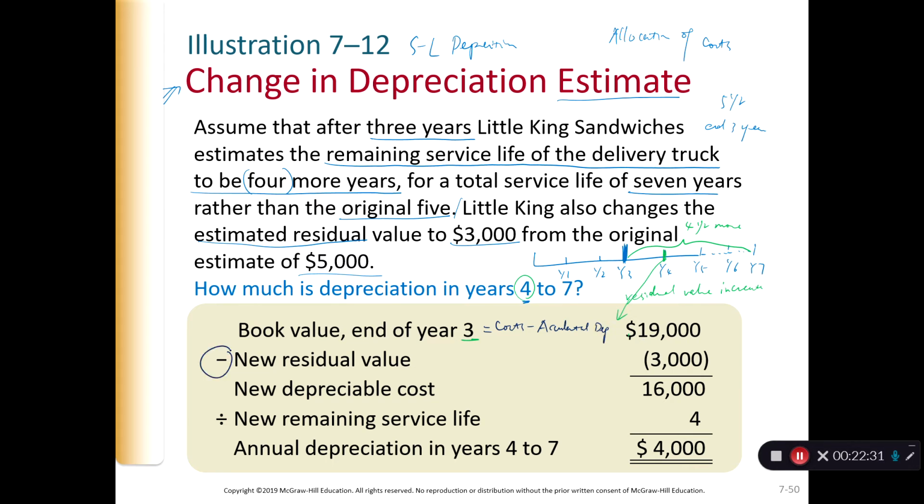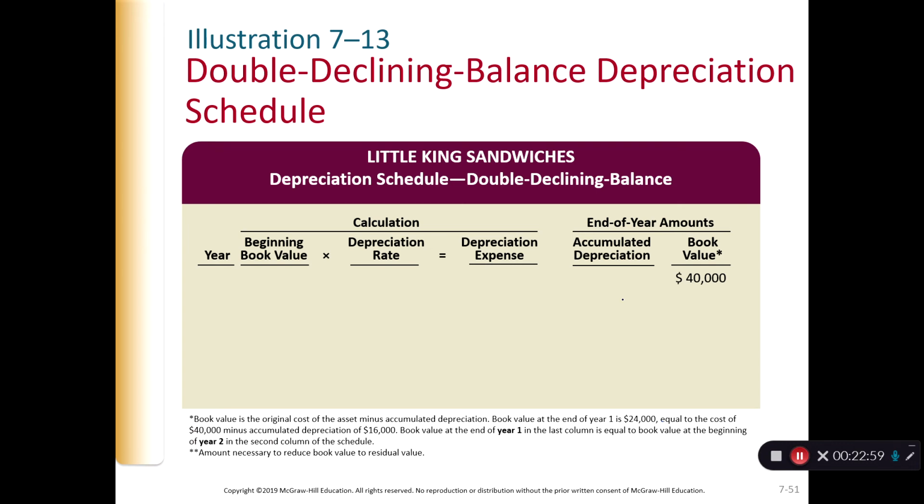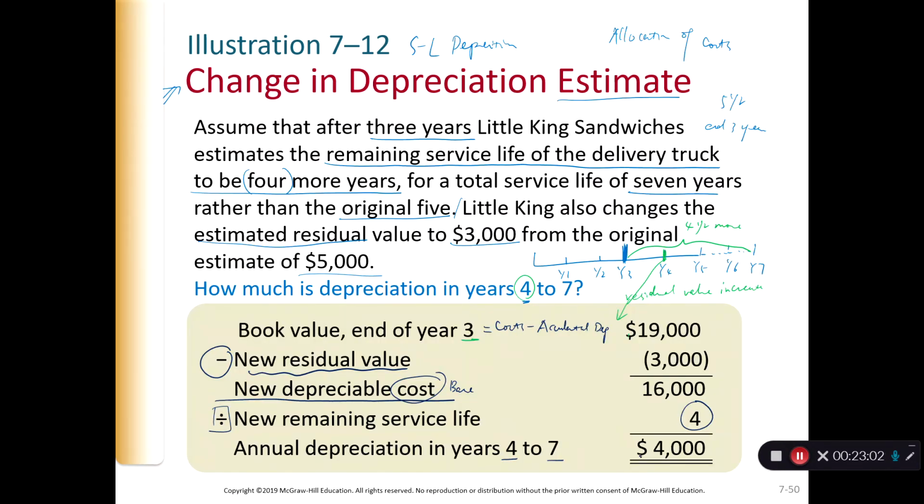Now you minus the new residual value, 5,000, and you find that your new depreciation base becomes 14,000. Because you have 4 years to go, you divide by 4. Hence, the annual depreciation in year 4 to year 7 changes. This is how we change the depreciation when there's a change in estimation.